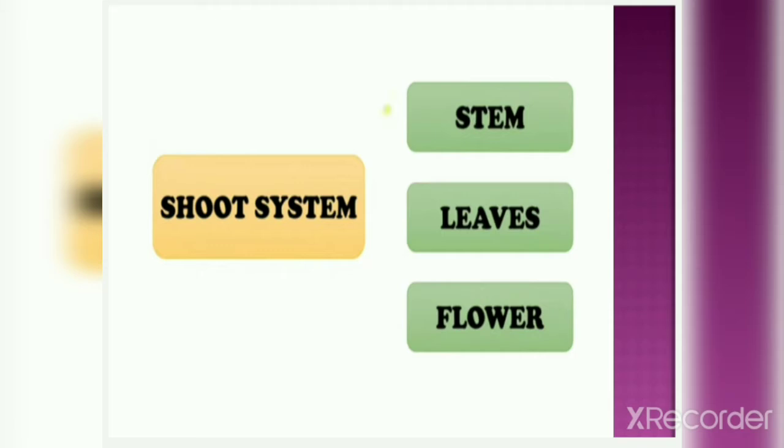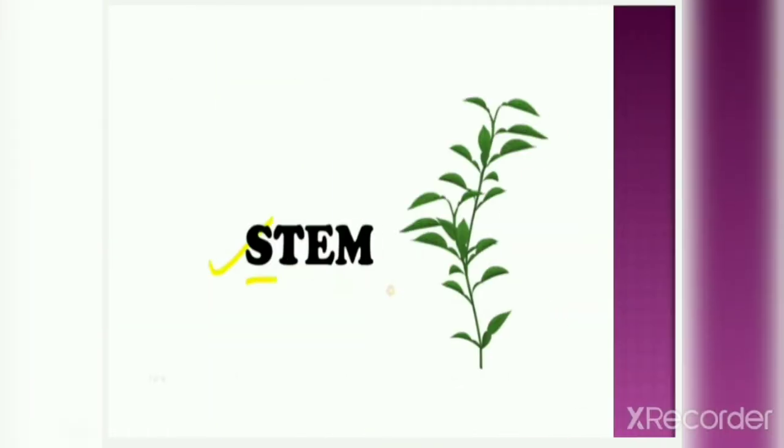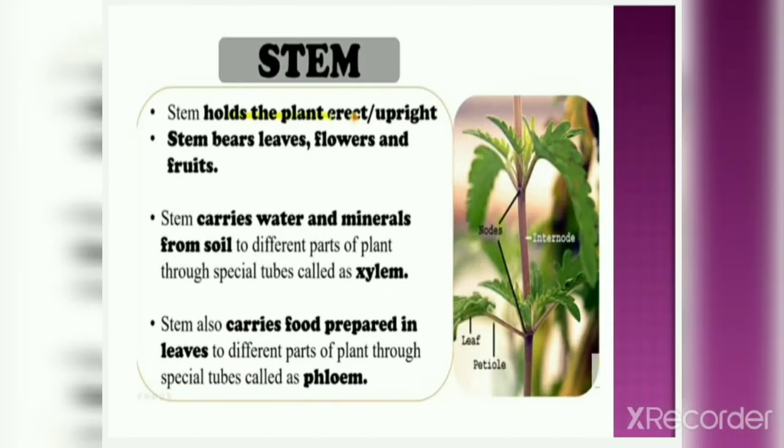We know that the root system consists of roots and the shoot system consists of stem, flowers and leaves. So, we will first study about the stem. Let's start with the stem first. Stem holds the plant erect or upright.